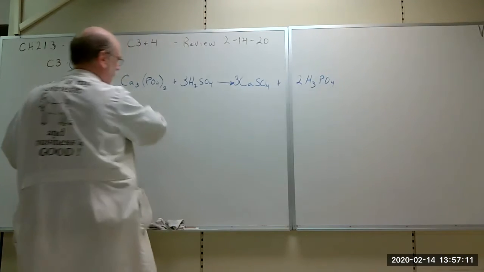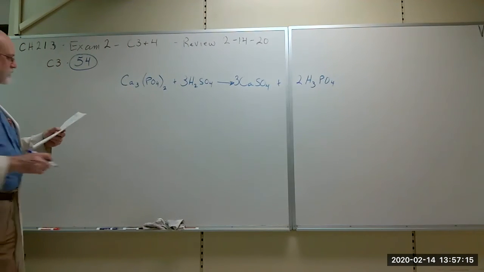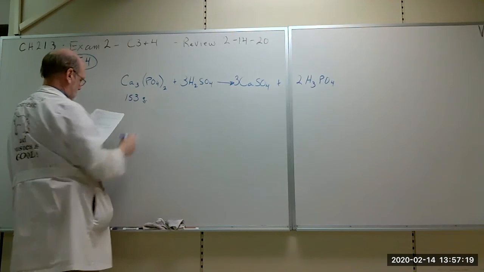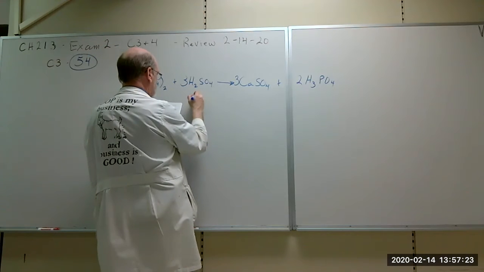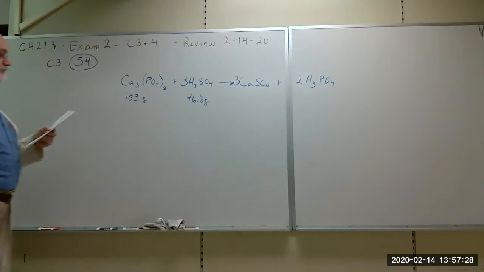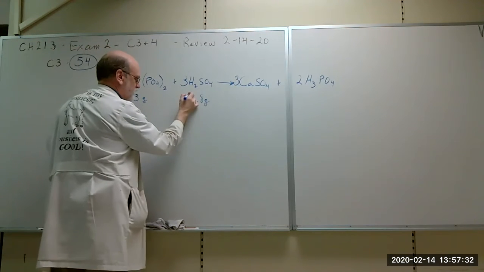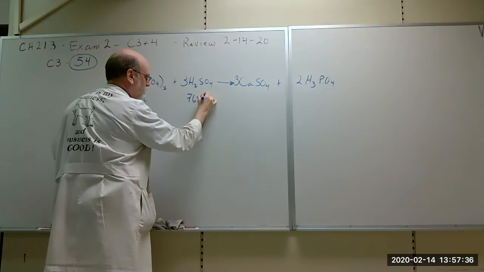Okay, now that's the balanced equation. What are we given? 153 grams of this one, and we're going to react that with 76.8 grams of that one. Since we're given absolute amounts of both, one of them has to run out.